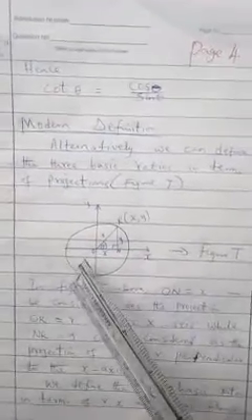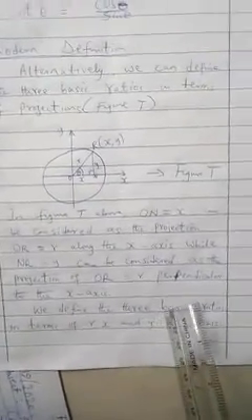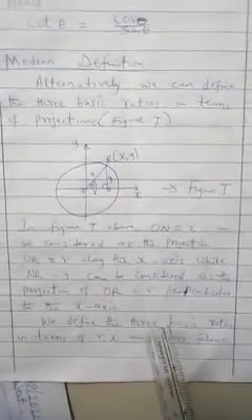Your r is the hypotenuse, your y is opposite to angle theta, and x is the adjacent. So from here we define the three basic ratios in terms of r, x, and y as follows. Sine theta is y divided by r, cos theta is x divided by r, and tan theta equals y divided by x.